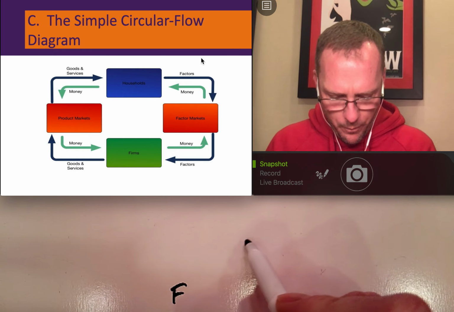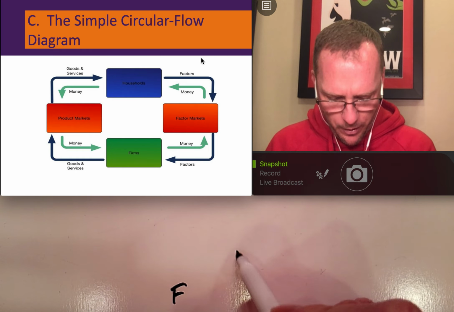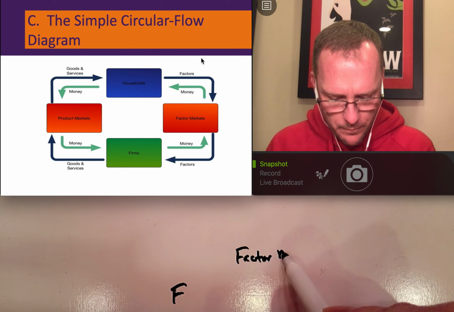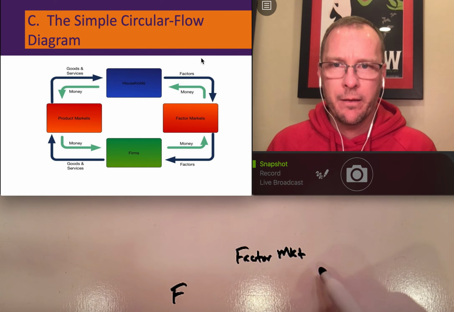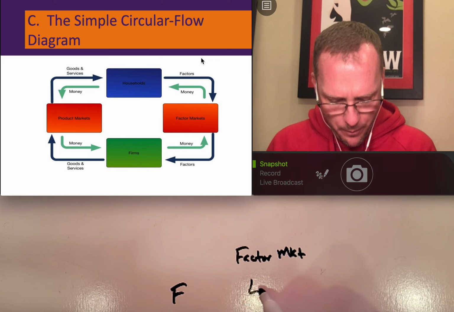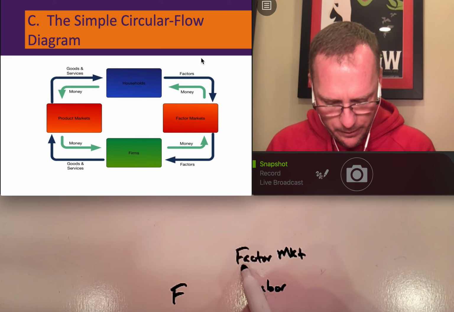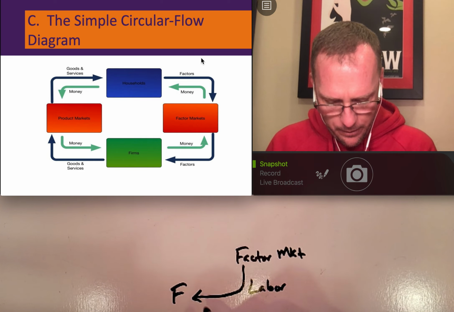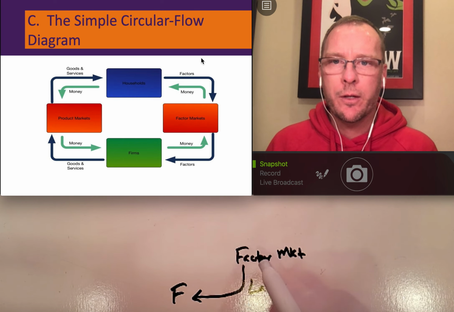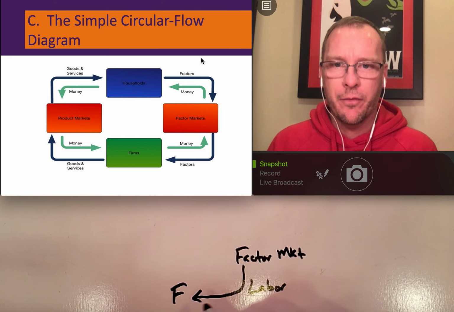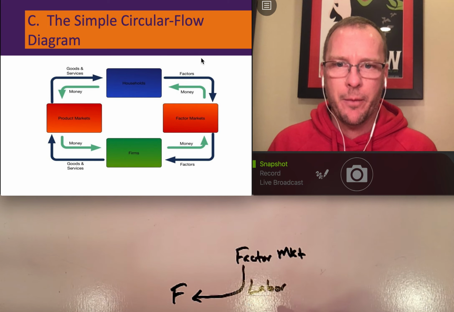Over here is the factor market. We're going to buy up something like labor, so I'm going to buy some labor in this market. It's going to the firm, right? And you can see on that bottom one, it says factor. The factor I'm going to buy is labor.